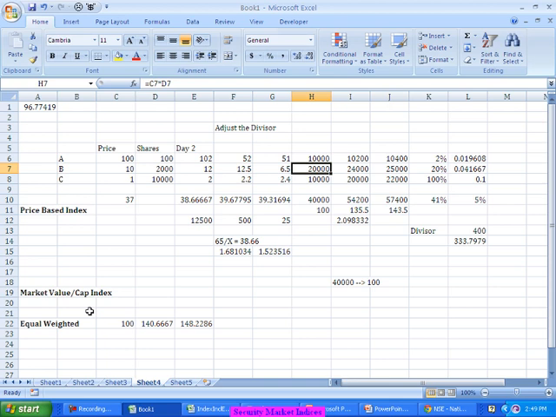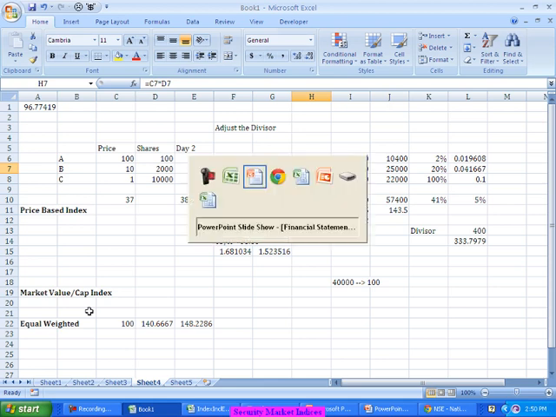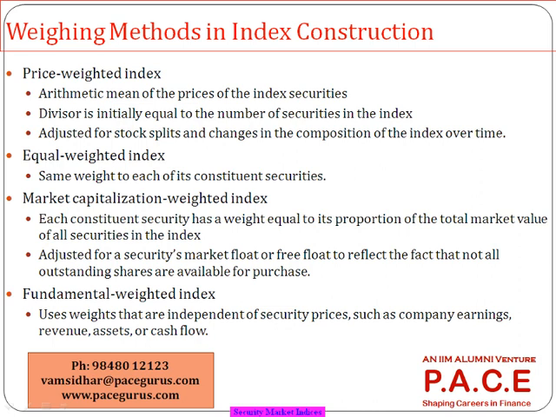The one which has changed drastically from the previous period will get more weightage compared to the other. That is the reason we say equal weighted, because we are taking the average of the percentage change across all three. So these are the three common kinds of indexes that are typically used. If we just see the price weighted index, it's the arithmetic mean of all the prices. The divisor initially is equal to the number of securities. We have divided it by 3.